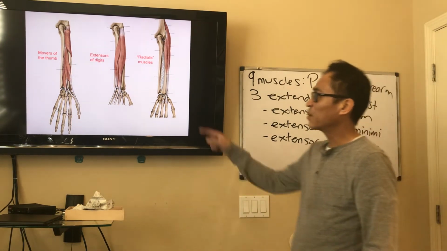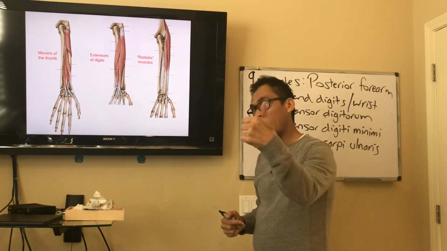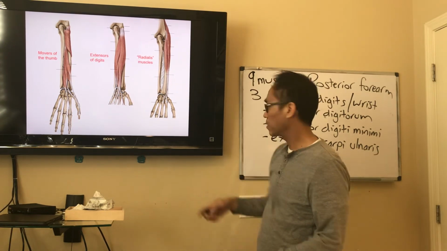And then 3 radialis muscles. This is the thumb side. So remember, radial side.